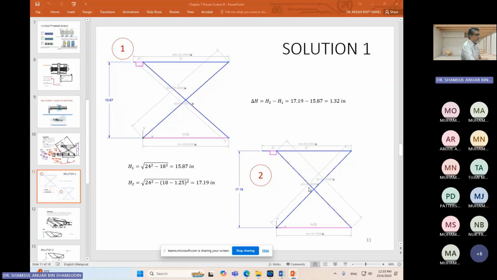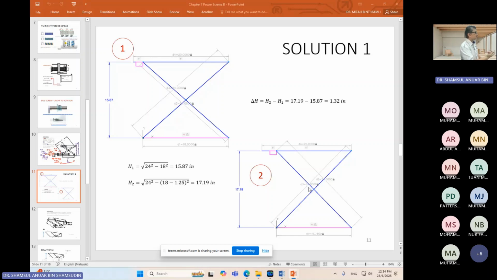Okay, boleh? So for geometry, sometimes you need to draw it. If you want to draw it accurately, make sure you have your big ruler and so on.